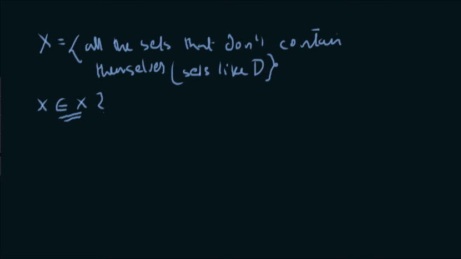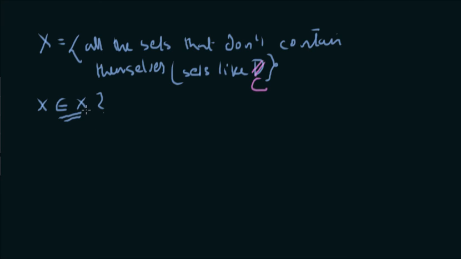Oh, sorry, I made a mistake here. Okay, so D are the sets which contain themselves, right? So it should be sets like C. Okay, my bad, let me just correct it. Like the set of all the cats, right? Now does X contain itself?